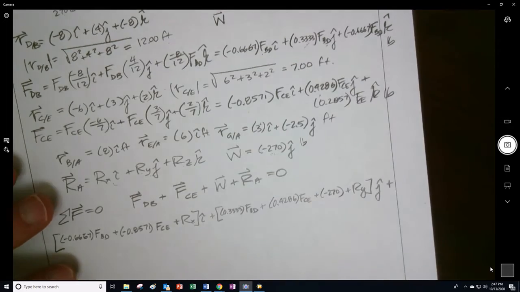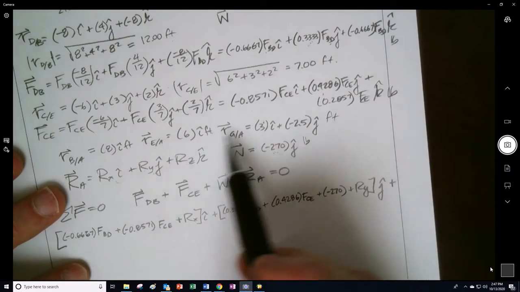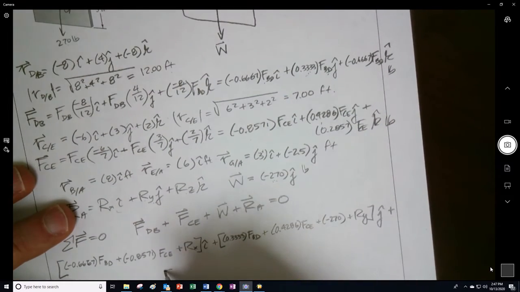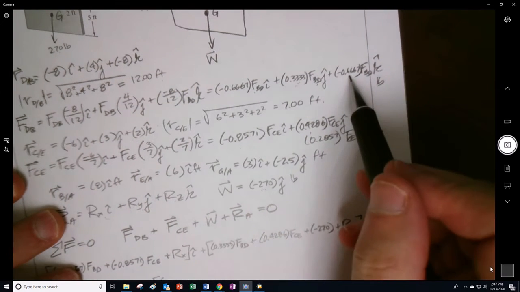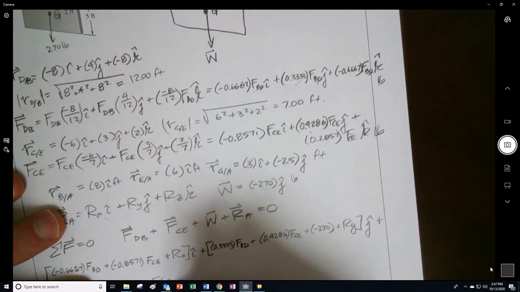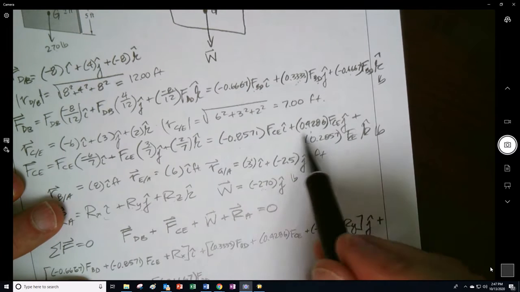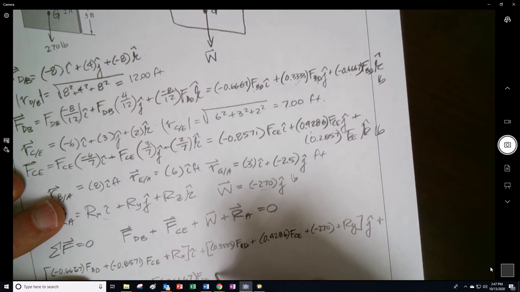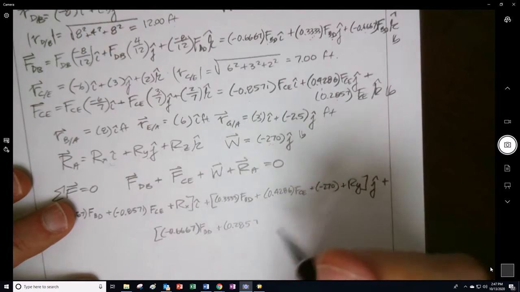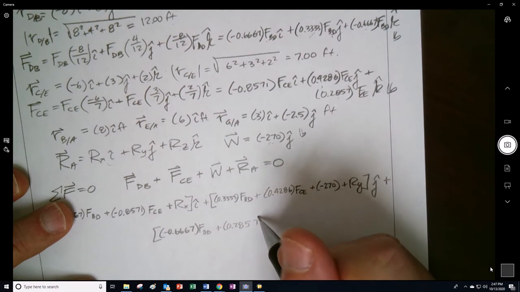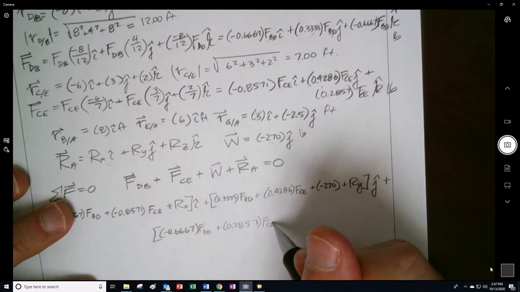Now we have to add in all the k's, and so the k, we have a negative 0.6667 FBD, and here we have a positive 0.2857 FCE.